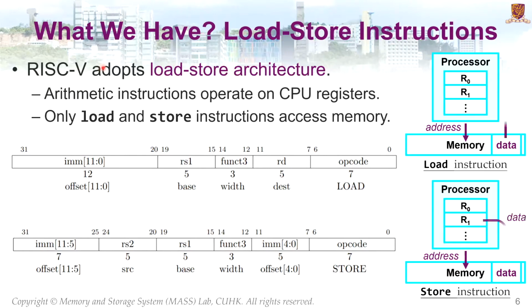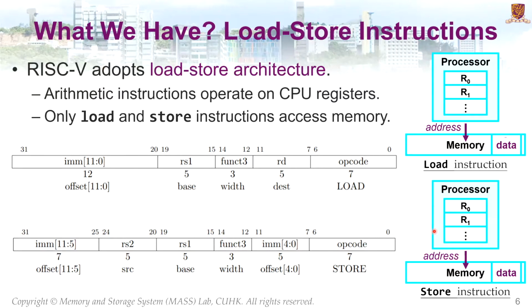That is, we can only execute arithmetic instructions on CPU registers. We are not able to do arithmetic or computation on the memory directly. Instead, we can only do costly loads or stores of data from memory to the processor or from the processor to memory so that we can execute the arithmetic instructions.